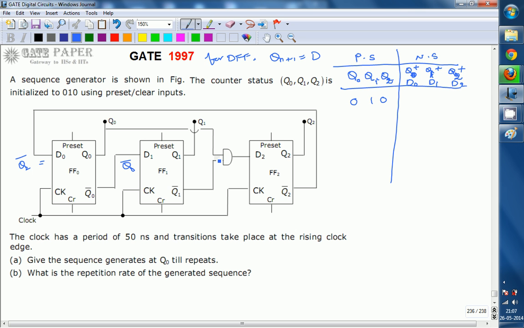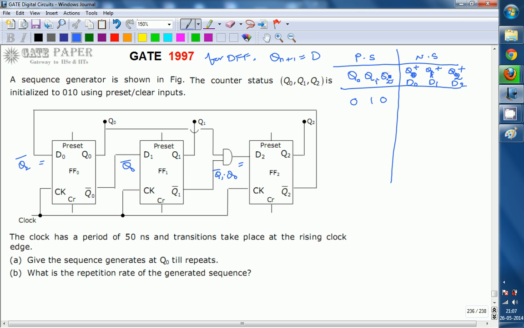So D2 is equal to Q1 bar into Q0. Based on the present state, you can write D0, D1, D2, and that will be the next state after the application of the clock edge.